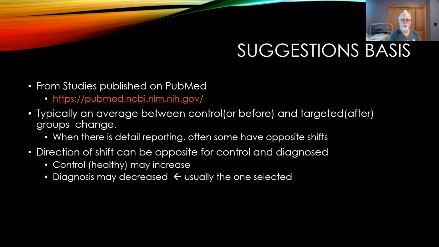So when I have a case study where things go in two directions, usually what I record is the direction which happens for those who have a diagnosis, because chances are that it's a better match to you, the user, than a healthy control. After all, if you're healthy, why in the world are you watching this video?